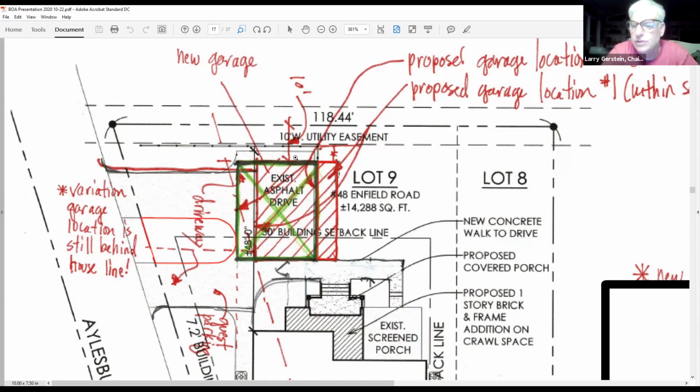Anybody else have any questions for the applicant? Question, Chairman, one of the things: we have not received anything from the subdivision as of yet. Mr. Lampy, we haven't received anything from the subdivision as of yet.